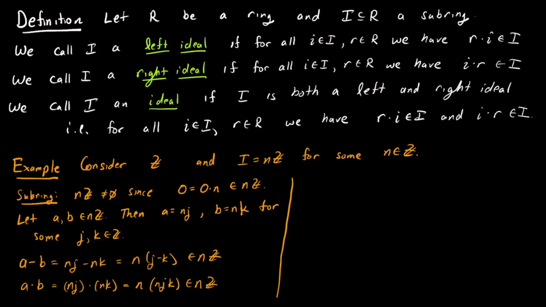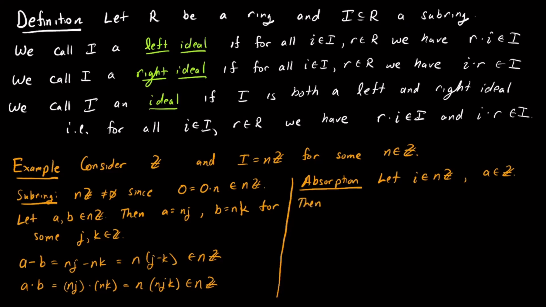And what do I need to check? I need to check the absorption property now. So let's write that down. I'll call this the absorption property. And so what I'm going to do is I'm going to say let i be an element of nZ and a be an element of Z. And what am I going to do?